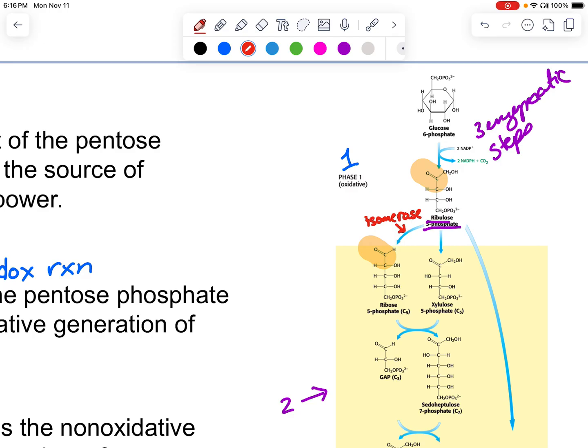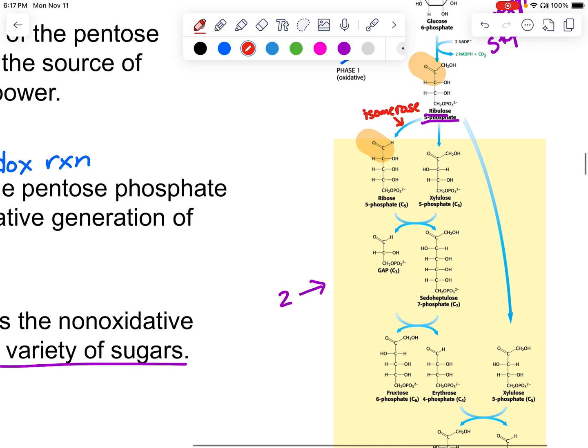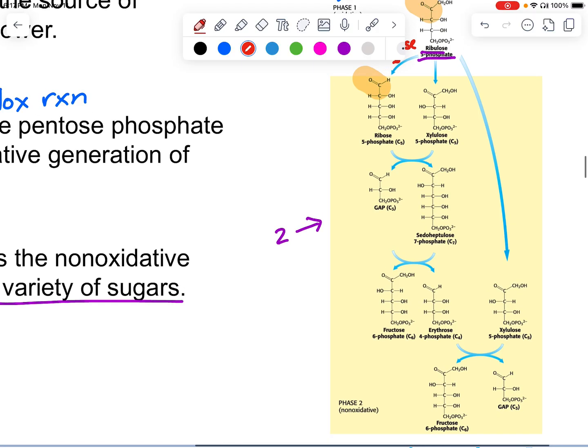Okay. These steps, importantly, in the non-oxidative portion, are reversible. So the direction in which they run is going to be controlled by the concentration of the various metabolites. So it's really controlled based on cellular needs.